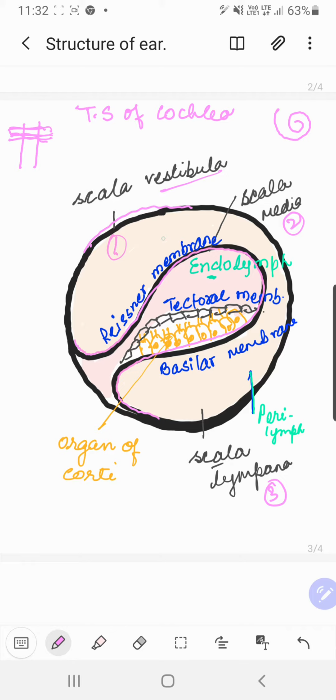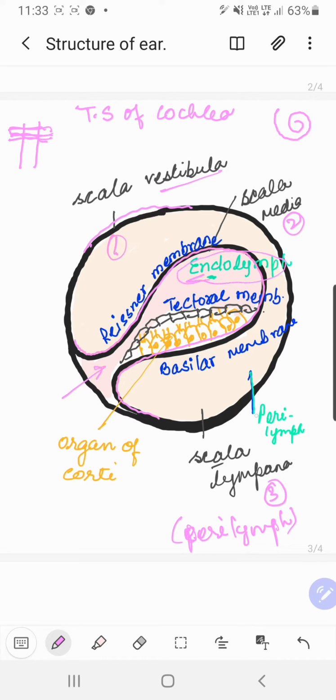Depending upon the location, the peripheral chambers or canals, scala vestibuli and scala tympani, are present at the sides. So the fluid which is present here is perilymph. Peri means border. In these two canals of the cochlea, perilymph is there, and in the central canal, endolymph is there.